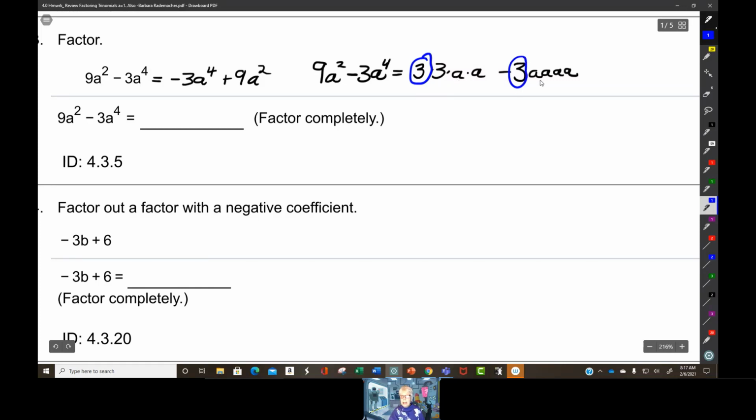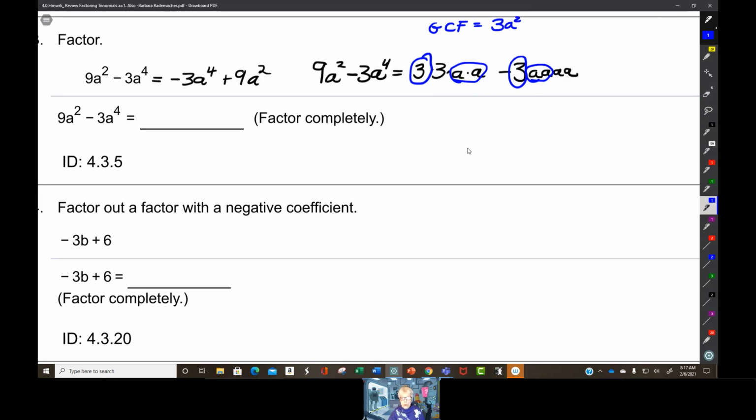And both terms contain 2 a's. So my GCF is going to consist of 1 3 and 2 a's. A times a is a squared.